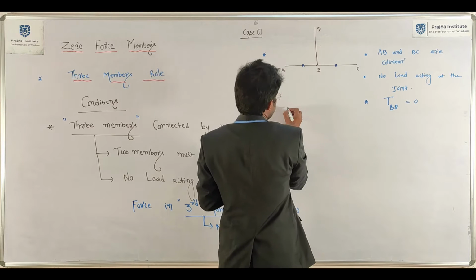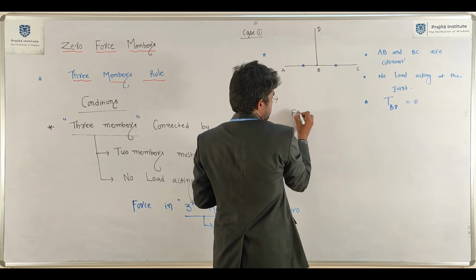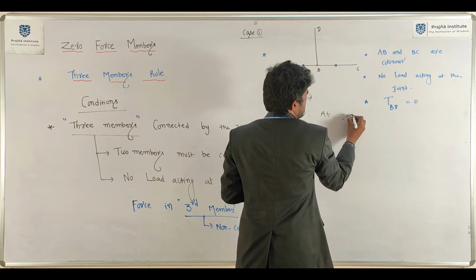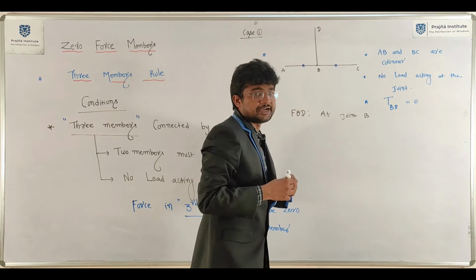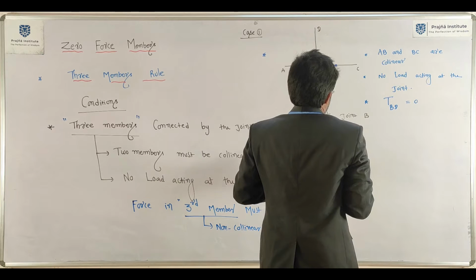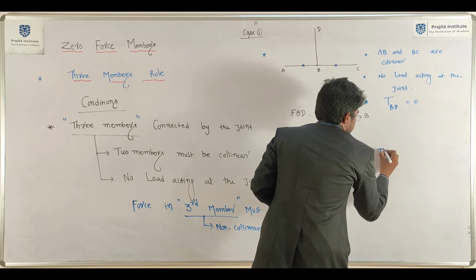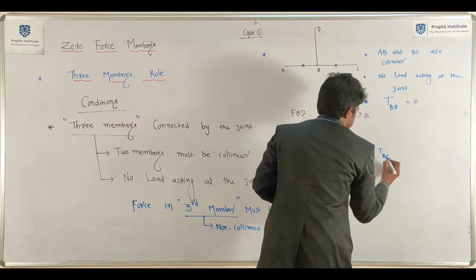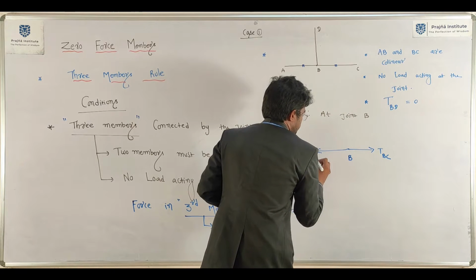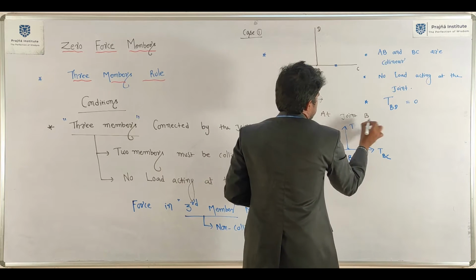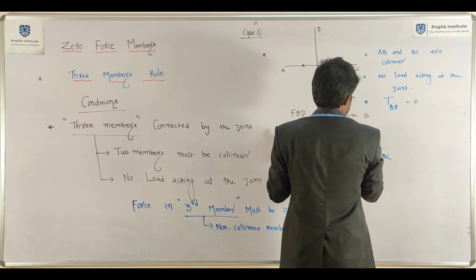Here, draw the free body diagram at joint B. At joint B, here it is TBC, TBA, TBD.